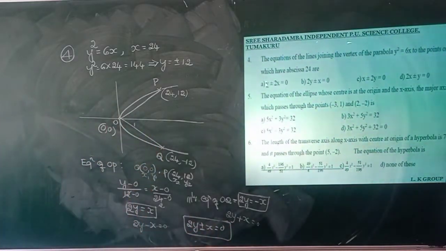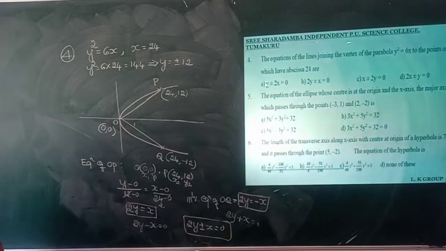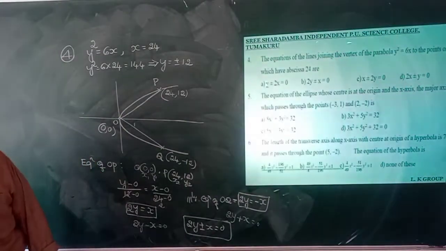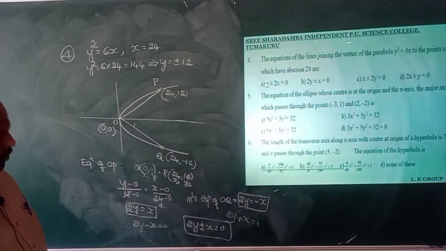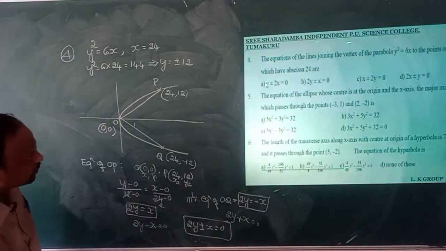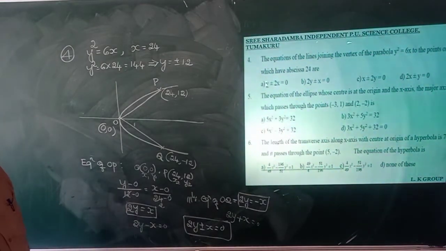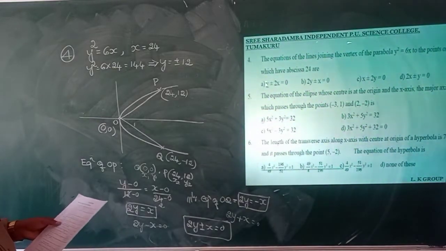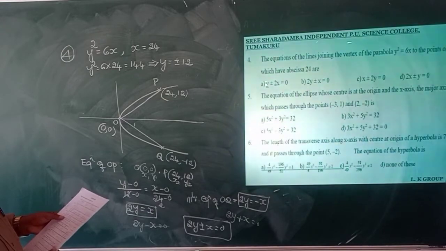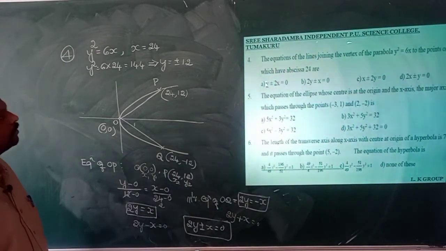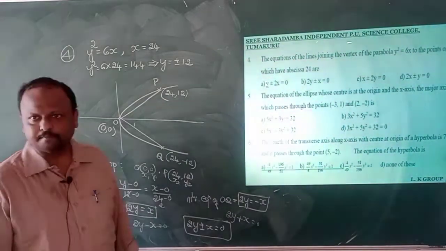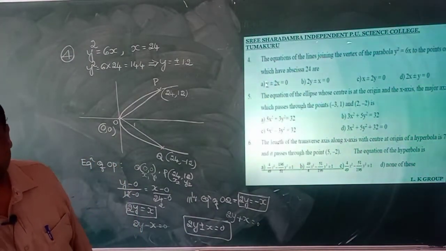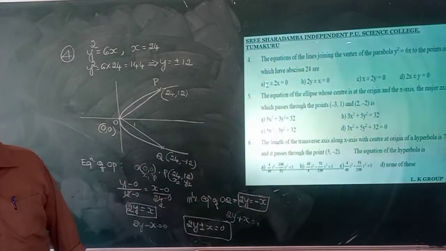Option B is the answer. You can observe 2y plus or minus x is equal to 0. Fourth one done, we'll go for the next one.